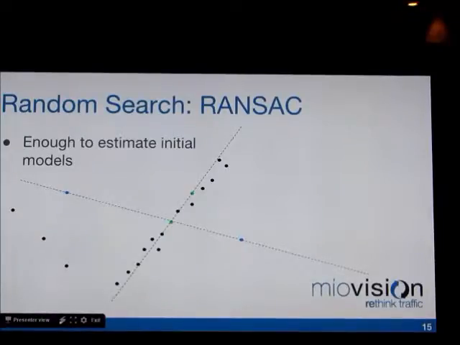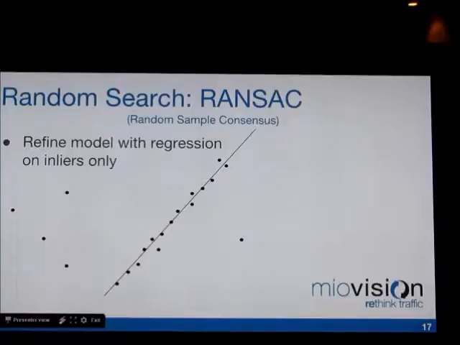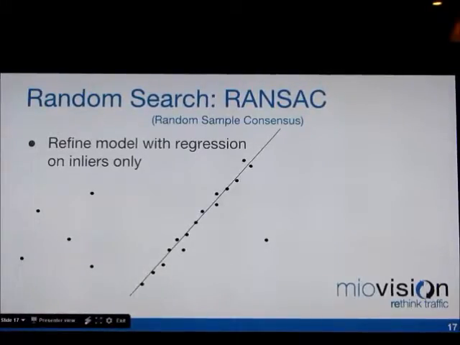Every time you make a random selection, you propose a model. Then for each one, you classify inliers that are close to your model and outliers that are outside. We propose many random models and pick the one with the most inliers. Then that's refined using regression only on the inliers.